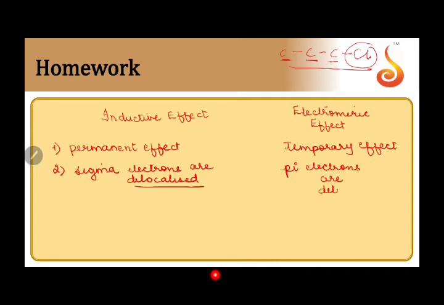Now, a very important point of difference is the reason for this delocalization. So, in inductive effect, like I have shown in this example here, there is a difference in electronegativity. This results in movement of sigma electrons or delocalization of sigma electrons. Therefore, inductive effect occurs due to difference in electronegativity.